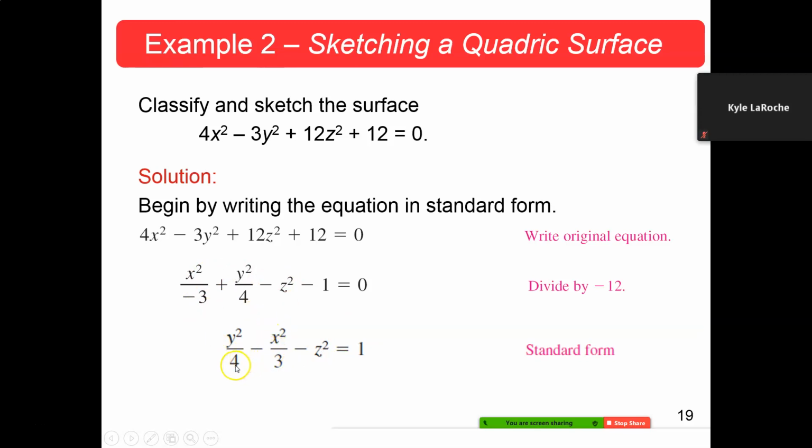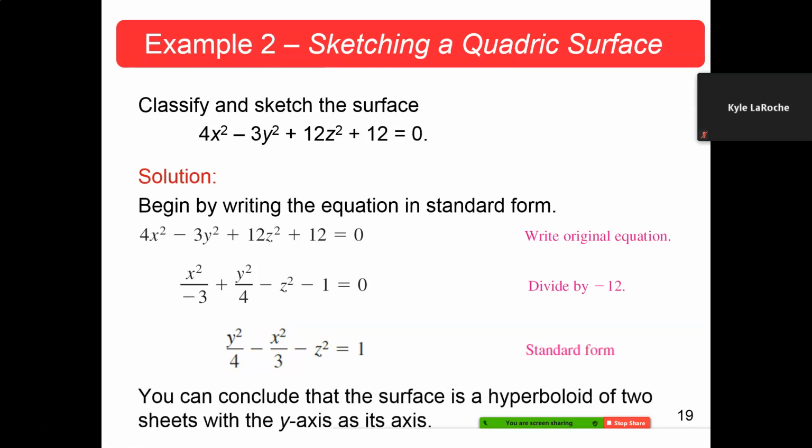And they didn't take square roots here. I like to do the square roots there. Okay? You can conclude that the surface is a hyperboloid of two sheets, with the y-axis being the axis for that hyperboloid. Okay? Now, we got there the same way, but they just concluded that.